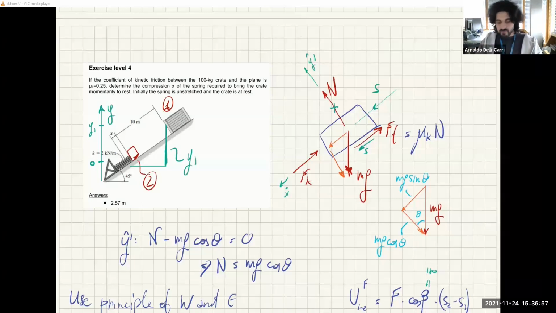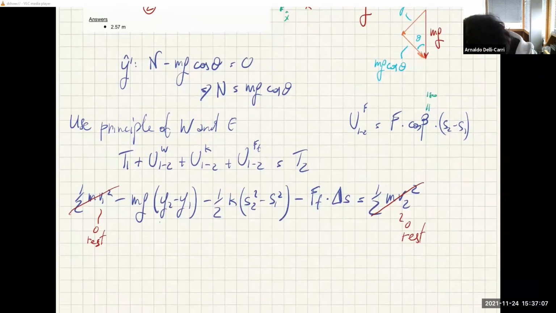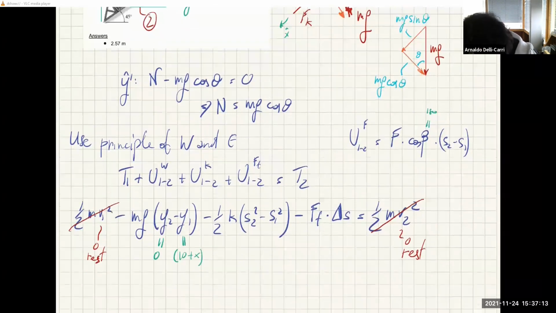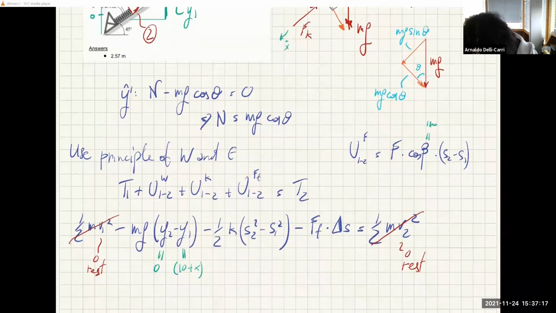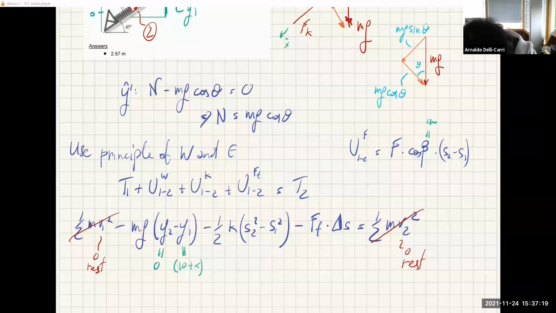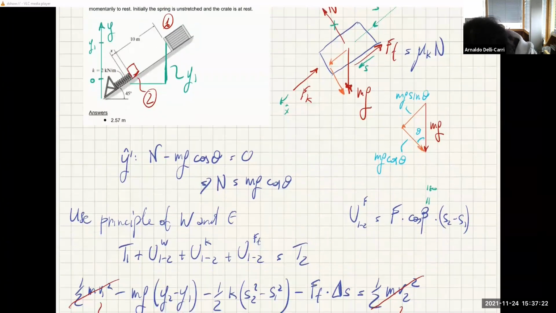So how much is that? Well, the hypotenuse is 10 plus x, and the angle is 45. So we know that y2 is 0, as we said. Y1 is the hypotenuse, 10 plus x, where x is the stretch of the spring after this crate has bumped into it, times theta, so sine of theta.